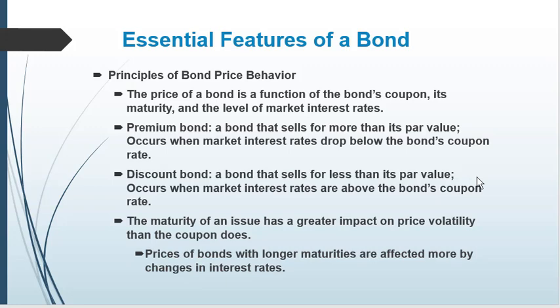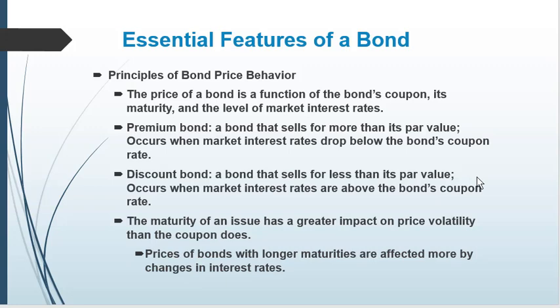And a discount bond is the exact same, except in this case, the price is less than the par value of the bond. So the deal with premiums and discounts, again, is that there's no real value attached to that terminology.